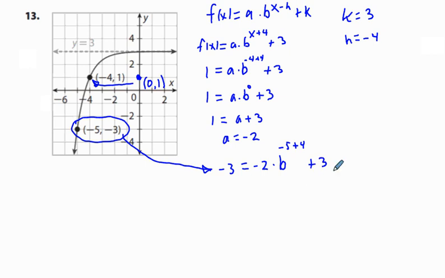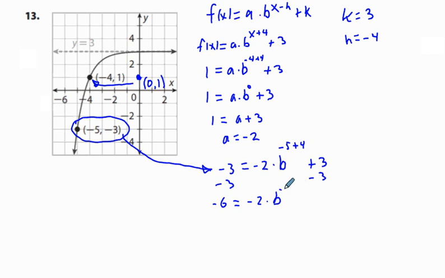So we just go about solving, and if we subtract 3 from both sides of this equation, we get negative 6 equals negative 2 times b to the power of negative 5 plus 4.